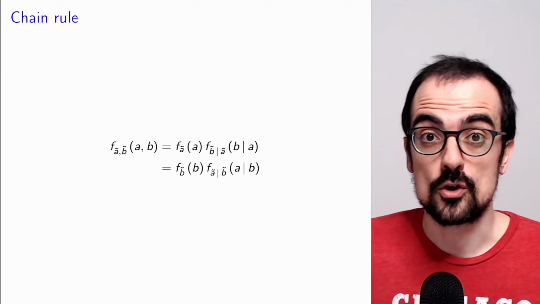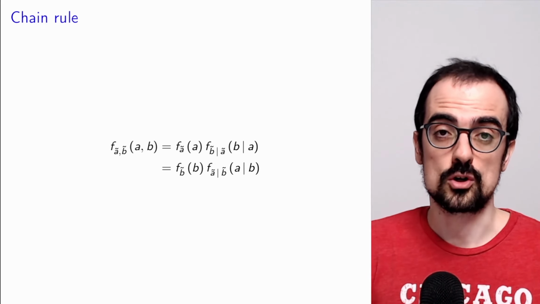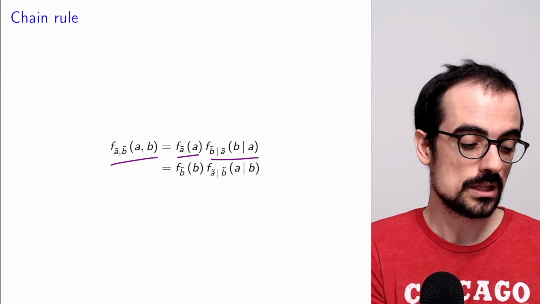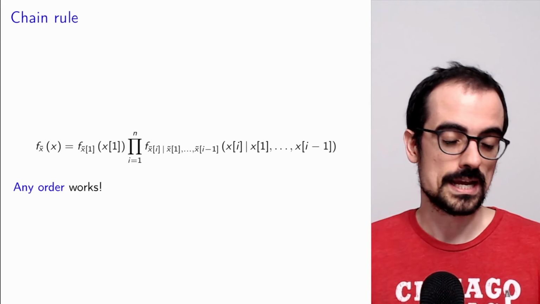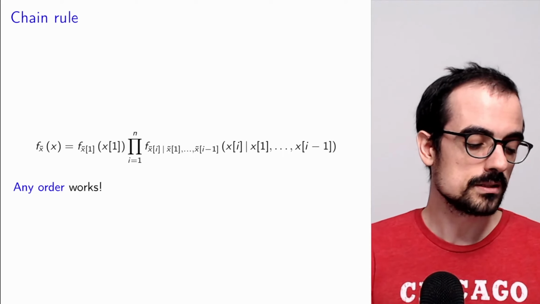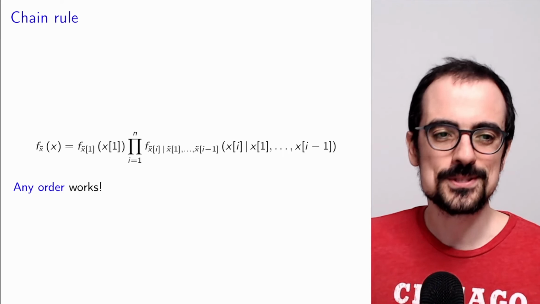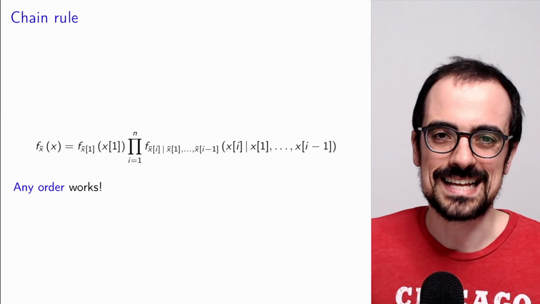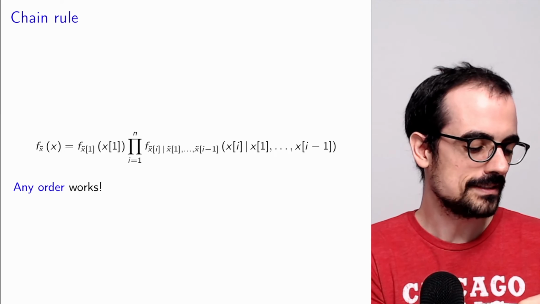The definition of conditional PDF gives us the chain rule for continuous random variables, where the joint PDF is equal to the marginal times the conditional, and we can do it in any direction. Okay, any order works. Same thing for multiple random variables. Here, when I explain this, I think that I make it sound more complicated than it actually is. Here we have D entries, right?